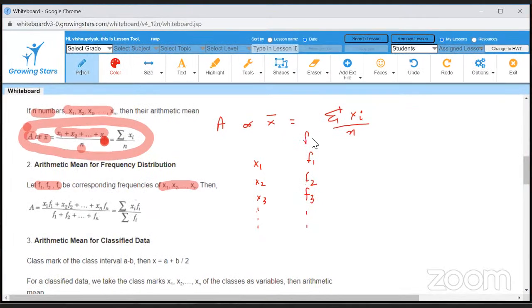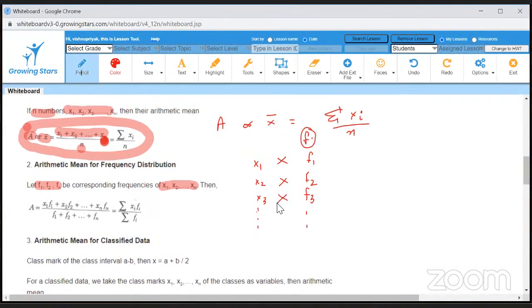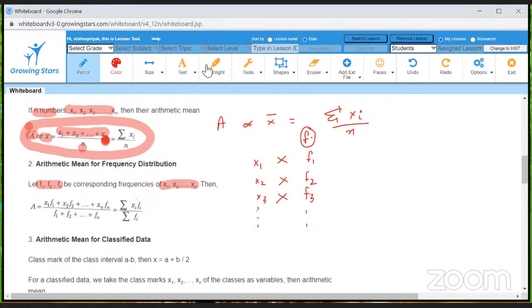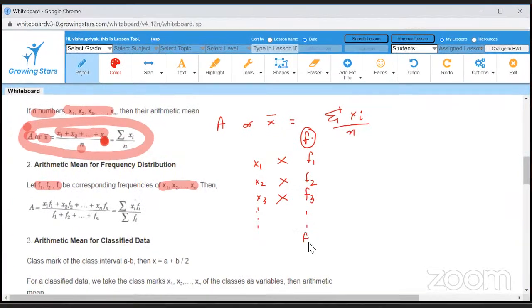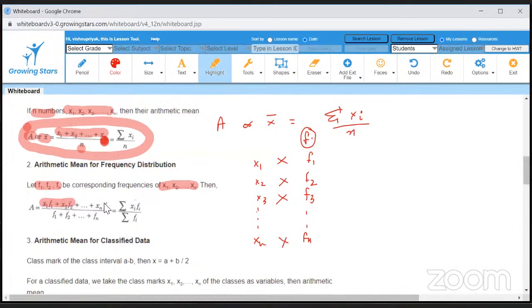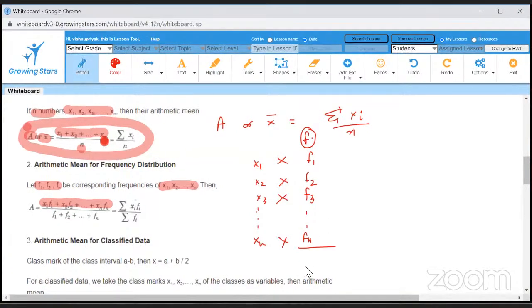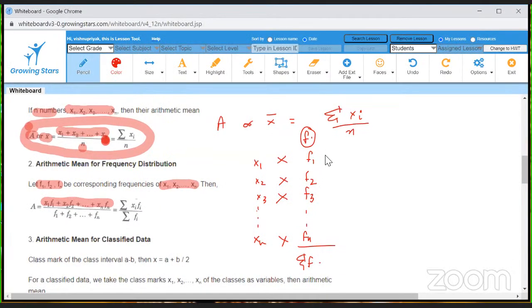Like that, frequency is given. Then what you have to do is multiply f1 and x1, f2 and x2, f3 and x3. Like that, fn and xn you have to multiply. And then divide by the total, sigma of the frequencies. Add up all the frequencies.